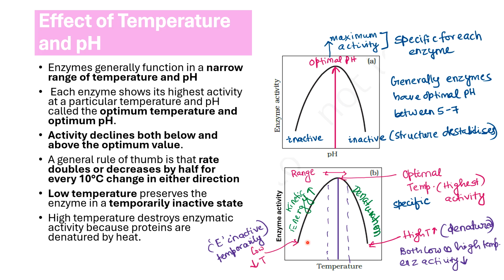Now, why is it less? Because enzymes, being proteins, their structure becomes inactive at both extreme low or high temperatures. In case of low temperatures, the structure is temporarily inactive, but if you increase the temperature to a very high condition, then there is a denaturation in the tertiary structure and the protein activity is completely lost.